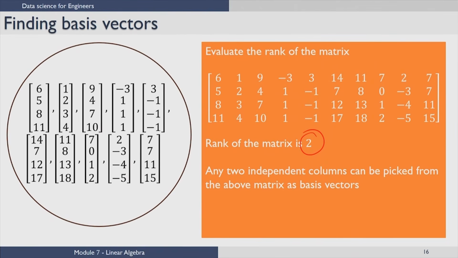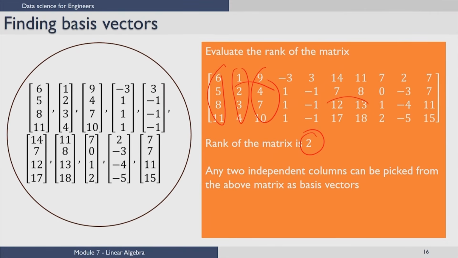The next question is, okay, the basis set is size 2, what are the actual vectors? What we can do is pick any 2 linearly independent columns here, and then those could be the basis vectors. So, for example, I could choose this and say this is the basis vector for all of these columns, or I could choose this and this and this, or this and this and so on.